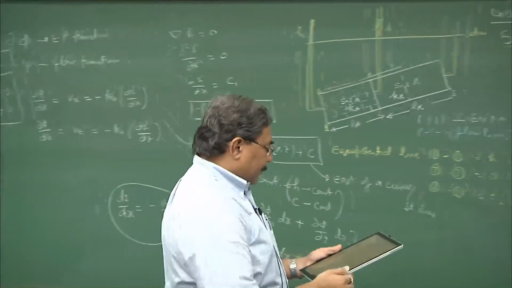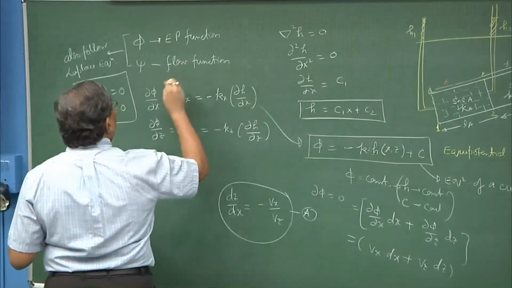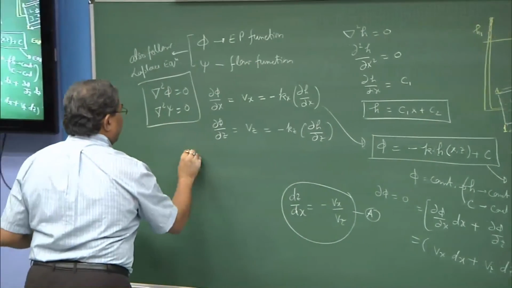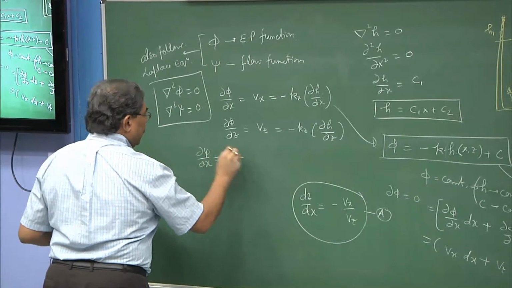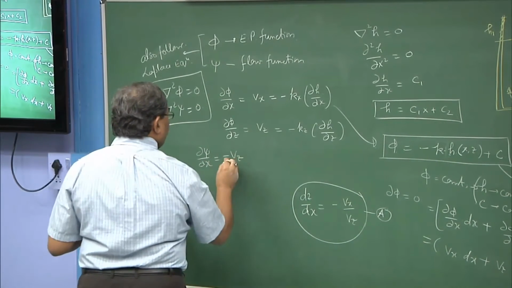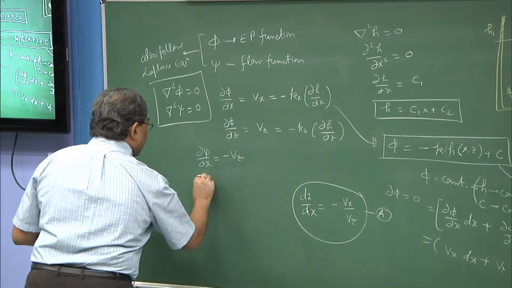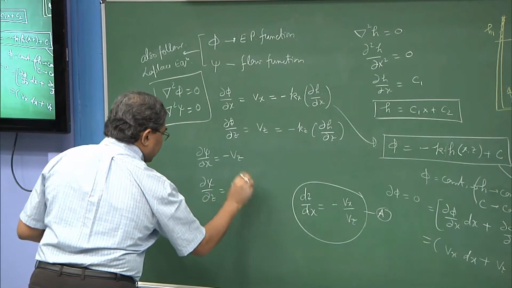Now, the same thing I can do for the flow function also. If I define del psi by del x equal to minus V z and del psi by del z equal to V x.